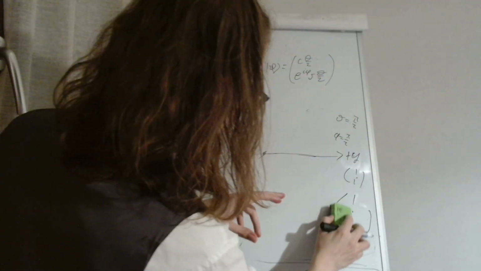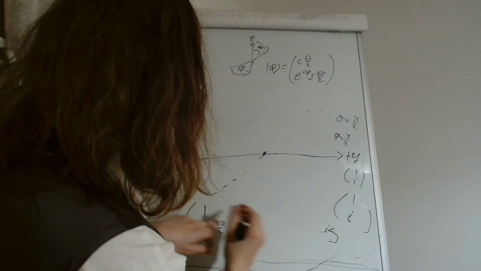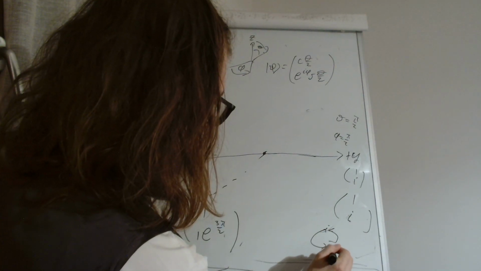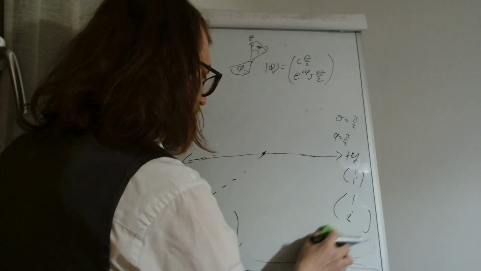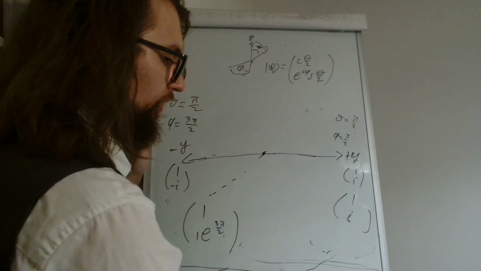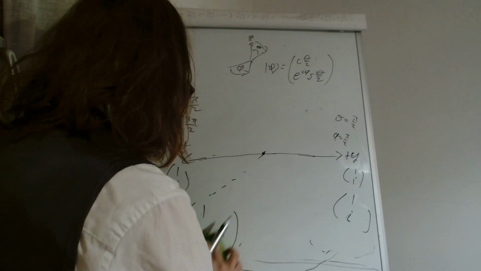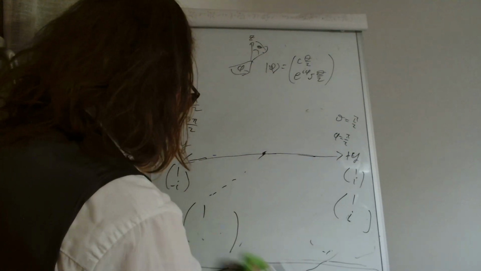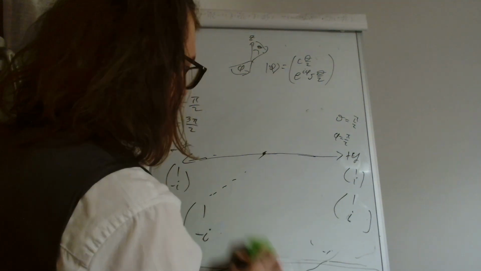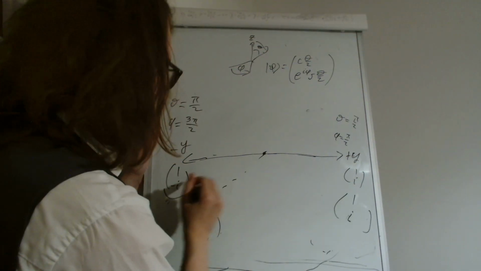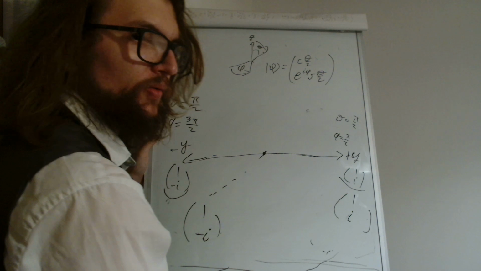So this phase gives i, and this phase instead gives minus i. If you remember the complex plane, you can evaluate these exponentials very quickly. And it is exactly what we had guessed before.